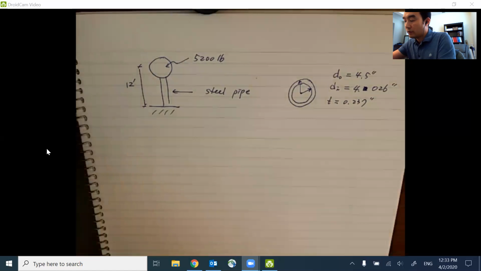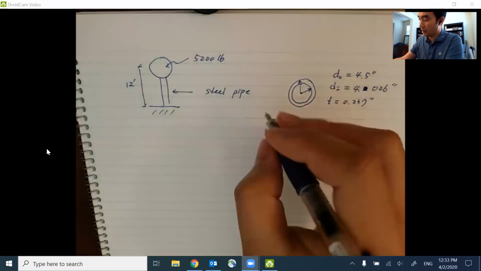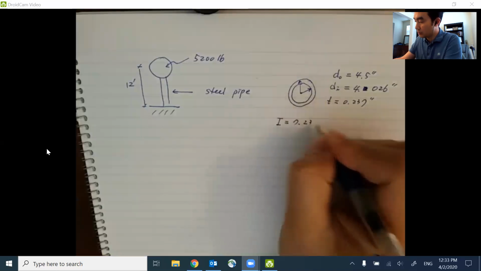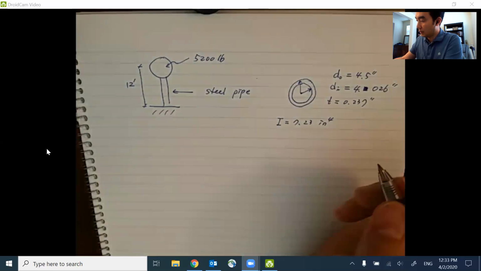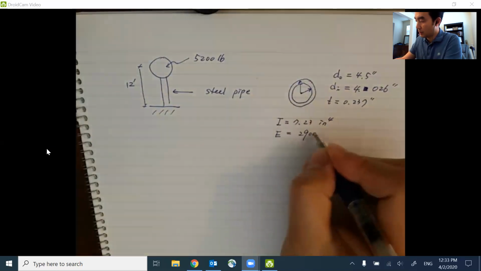All right, so the material properties. The moment of inertia of this pipe about this centroidal axis is given as I equal to 7.23 inch to the fourth. And the elastic modulus, Young's modulus, is 29,000 ksi.